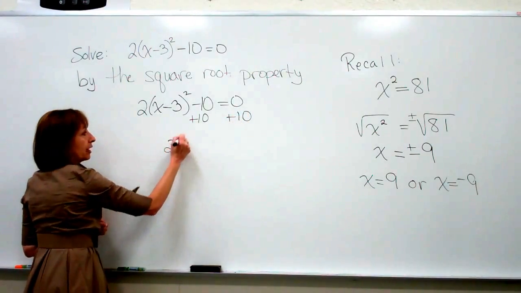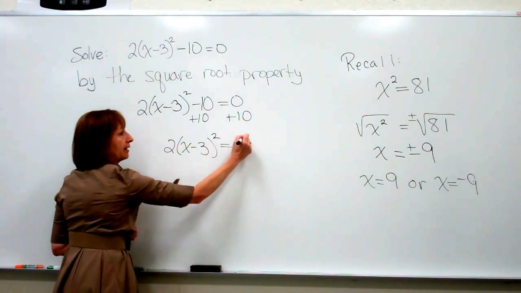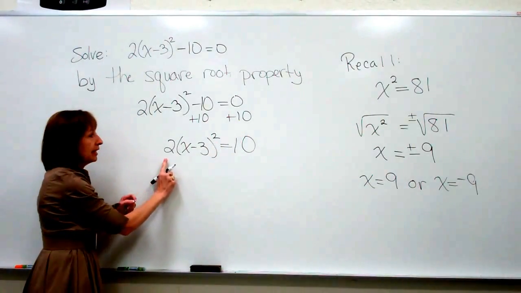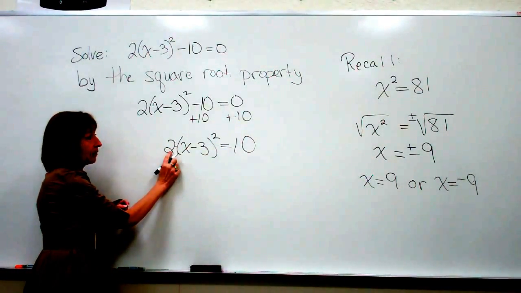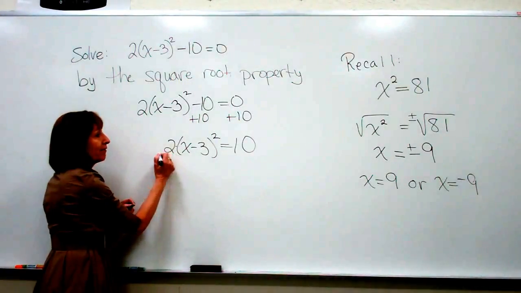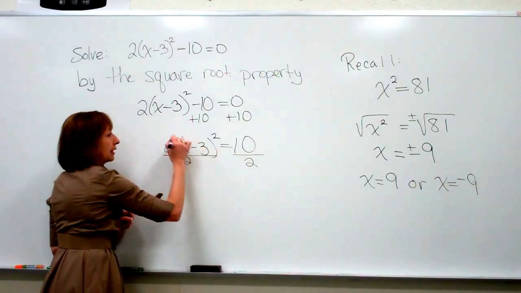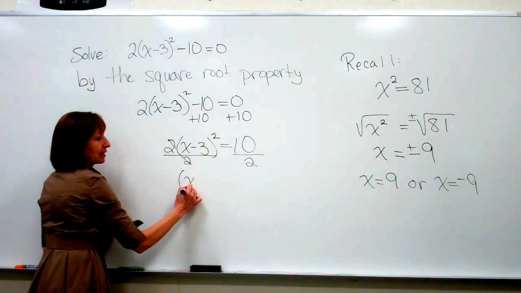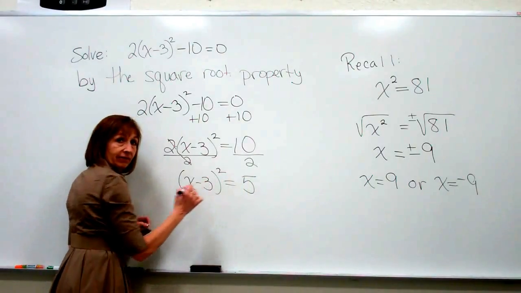And I have 2 times the quantity x minus 3 squared is equal to 10. Then we need to undo the multiplication of 2 that's on the outside of the parentheses by dividing both sides by 2. And we'll get x minus 3 quantity squared is equal to 5.